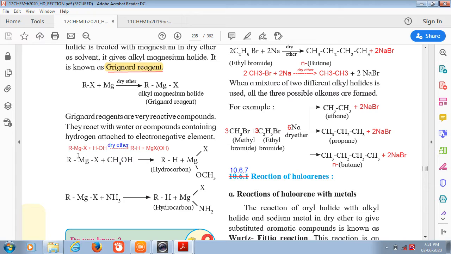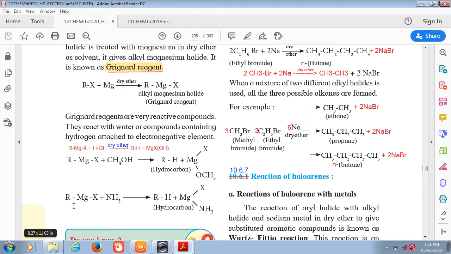When Grignard reagent RMgX reacts with water, it gives RH plus MgX(OH). If R is CH3, then we get CH3-H, that is methane, as a product. When RMgX reacts with methyl alcohol, CH3OH, it gives the hydrocarbon plus MgXOCH3.